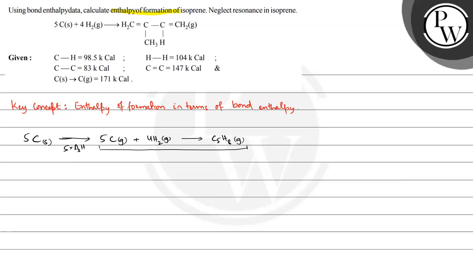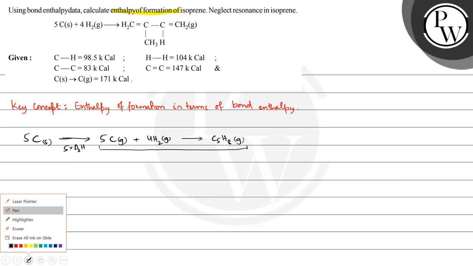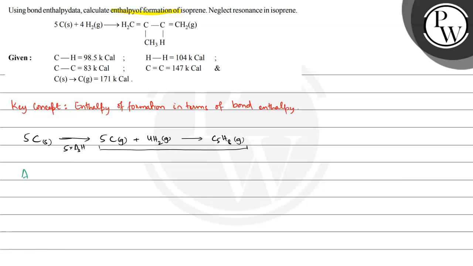Now for this reaction we can calculate the enthalpy change with the help of these bond energy or bond enthalpy data. So the net enthalpy of formation, delta F H, will be the enthalpy of reaction of this reaction from here to here plus 5 multiplied by the enthalpy of sublimation of carbon. So this is number of bonds in C5H8, that is 2 carbon-carbon double bonds, 2 carbon-carbon single bonds, and 8 carbon-hydrogen single bonds.